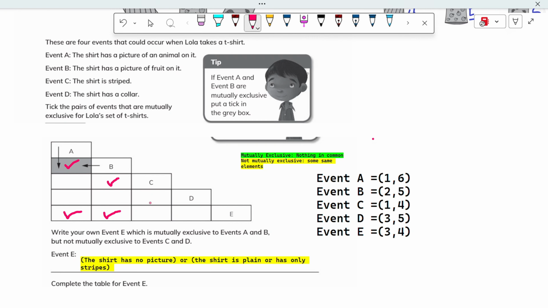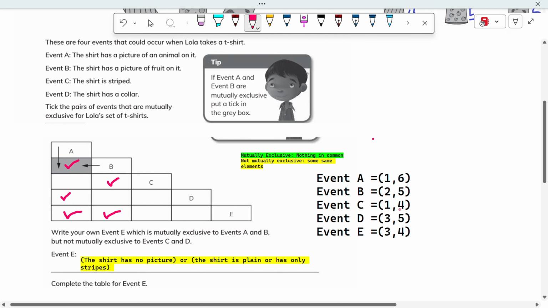Now event A and D is also mutually exclusive since they don't have anything in common. Now event B and D, they have something in common, which is the 5th shirt. So B and D are not mutually exclusive. C and D, mutually exclusive, they have nothing in common. Now I'm already done with this part, so that's how we answer this question.